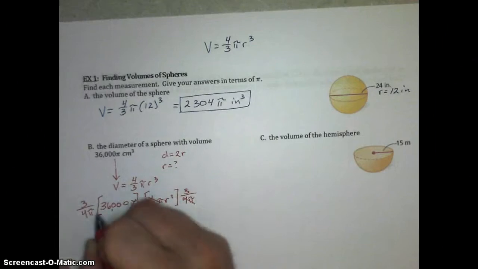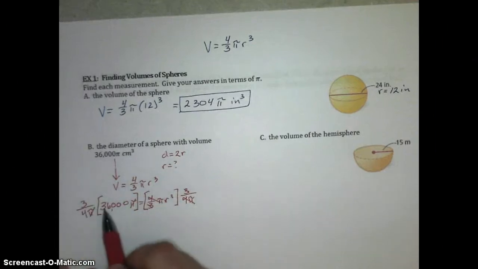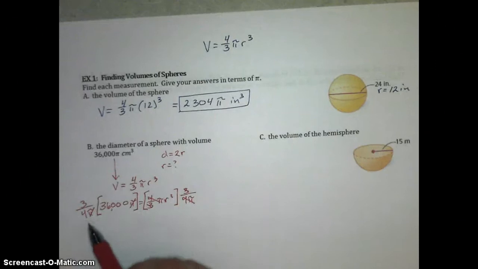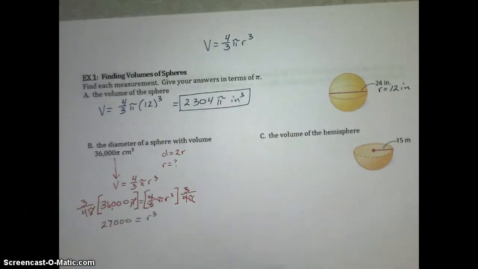On the left side, the pi's cancel, and we just need to multiply 36,000 by 3 and divide by 4, or divide by 4 first and then multiply by 3. And when we do, we get that r cubed is 27,000.